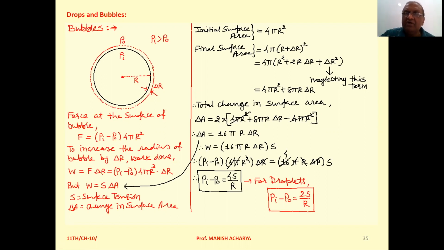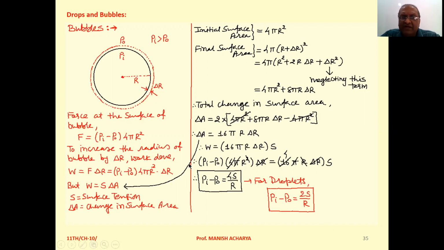Means two surfaces are free surfaces. So area is changed for the inner surface as well as for the outer surface both. So this one is multiplied by 2. So we can write the total change in surface area delta A: this 4 pi r square cancelled, 2 into 8, so 16 pi r delta r.